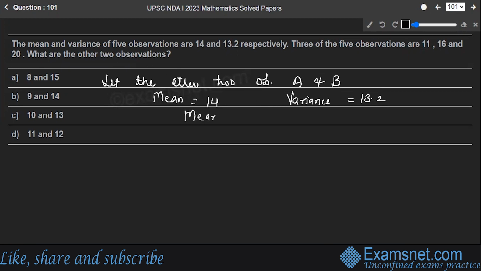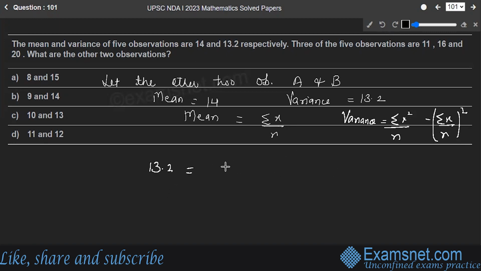You know, mean is equal to sigma x upon n and variance is equal to sigma x square upon n minus (sigma x upon n) whole square, which means 13.2 is equal to sigma x square upon number of terms 5 minus the mean squared. Sigma x square is 11 square, which is 121, plus 16 square is 256, plus 20 square is 400, plus a square plus b square.